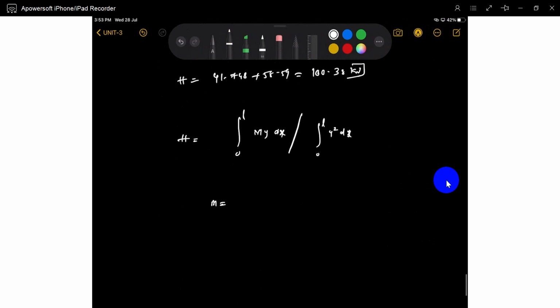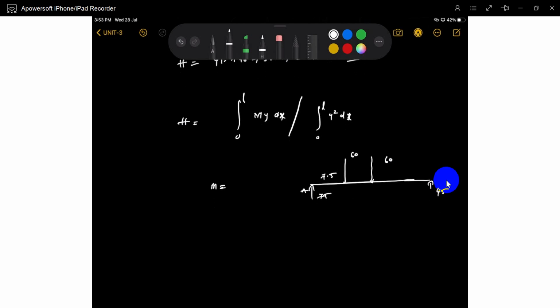Write down the moment without the horizontal thrust. So I will write like this. This is 75, this is 45. Exactly at the center, 60 is acting. 7.5 meters. That's it. So A, C, D and B.